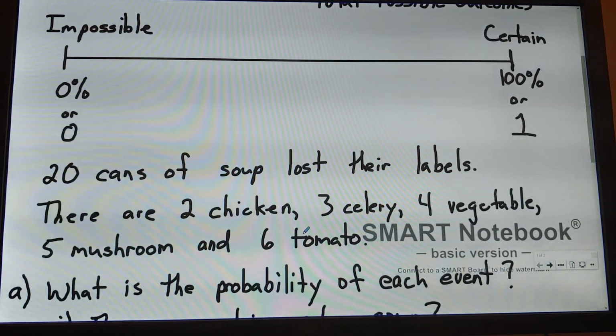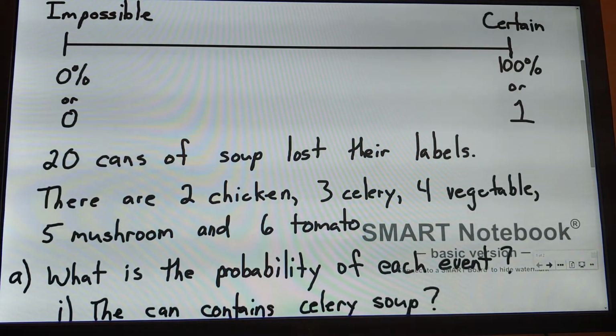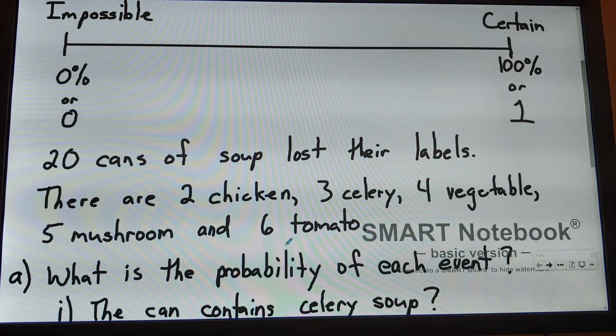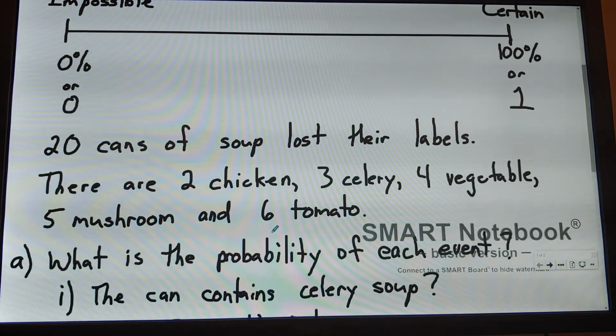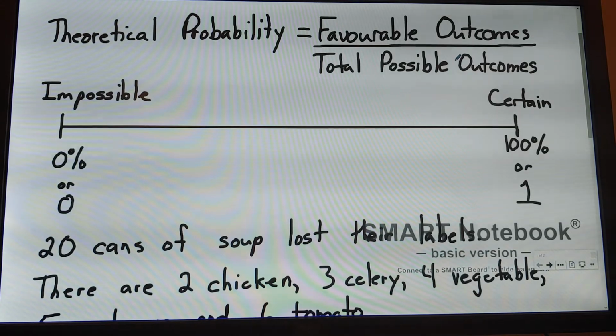You reach into your bag or basket of soups, and you want to know the probability that the can contains celery soup. We can do that just by figuring out the theoretical probability: favorable outcomes over total possible outcomes.